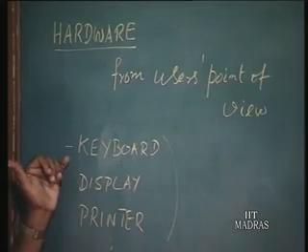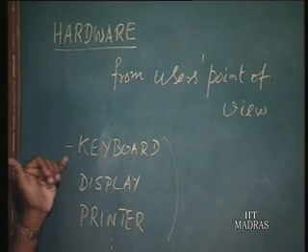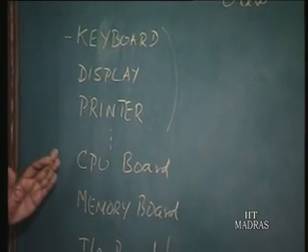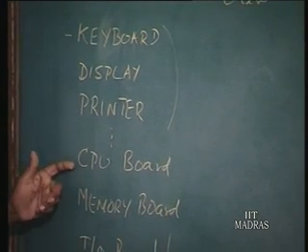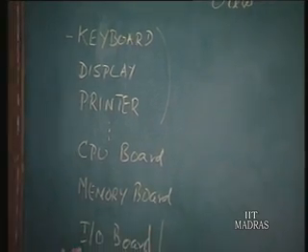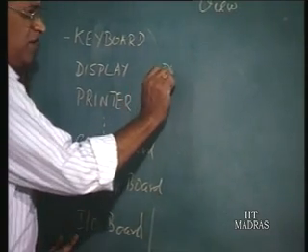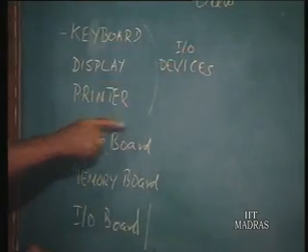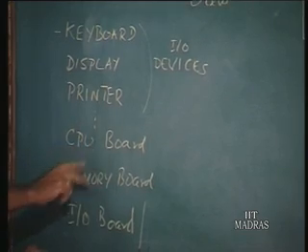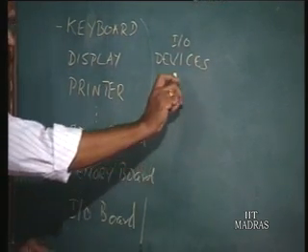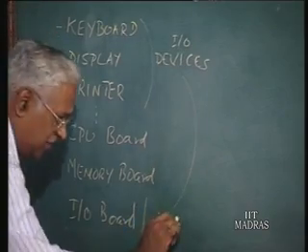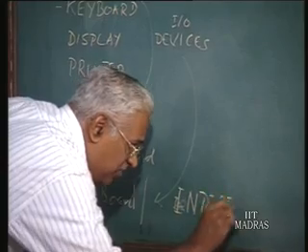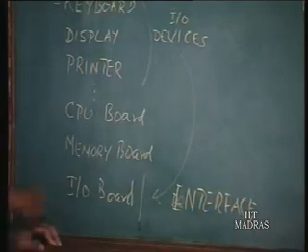He would be interacting with the system, and so he physically sees a keyboard, display, and printer. Inside the system, if he opens it up, he will also see a CPU board, a memory board and an IO board. Because these are IO devices, and these devices need to interact with the CPU and memory, they need an extra interface, and these IO boards provide the necessary interface.